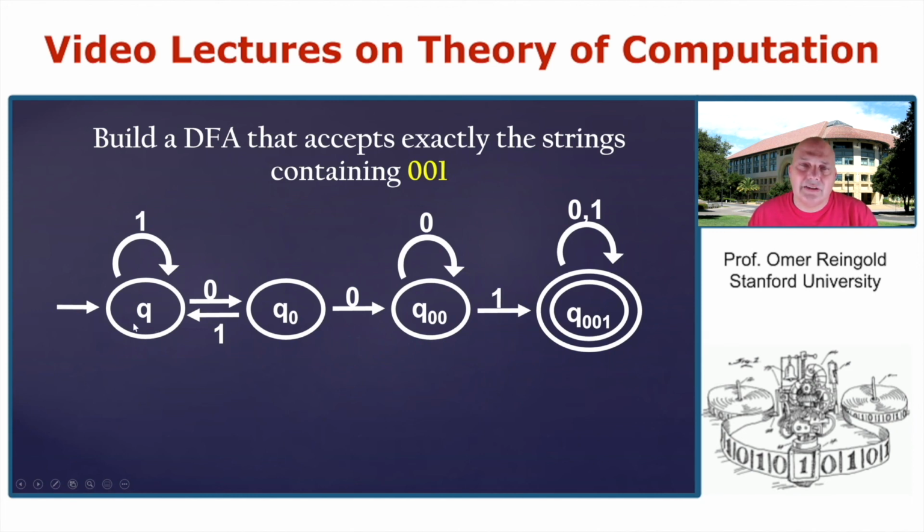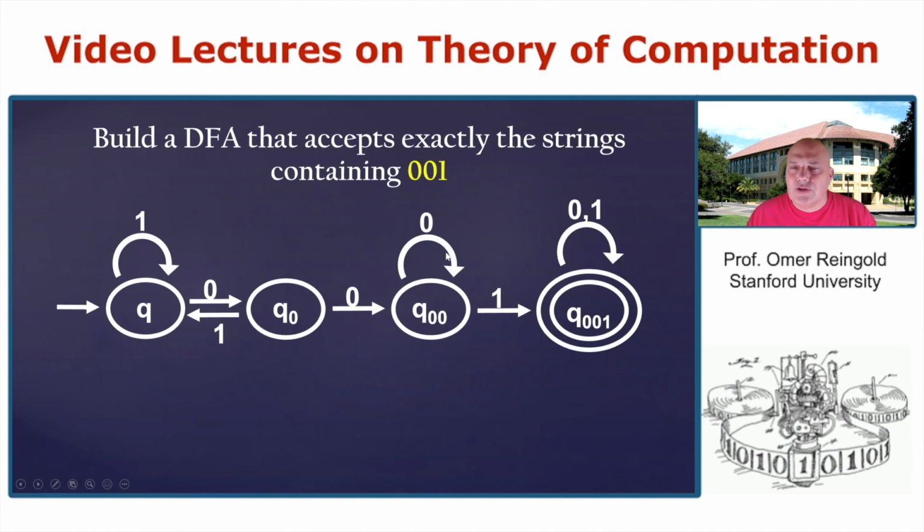And the construction is pretty natural. When you're at Q, meaning that the last bit is not 0, as long as you see 1, you stay put. If you see a 0, you move to Q0 because you just saw 0. From Q0, if you see 1, you go back to Q because the last one was 1. On the other hand, if you see 0, you move to Q00.